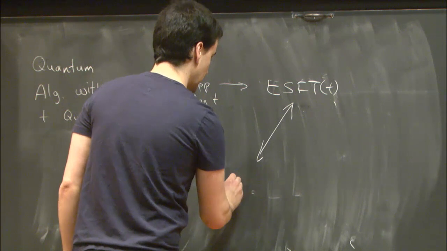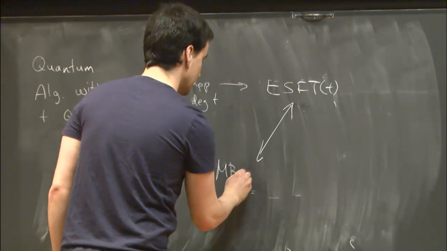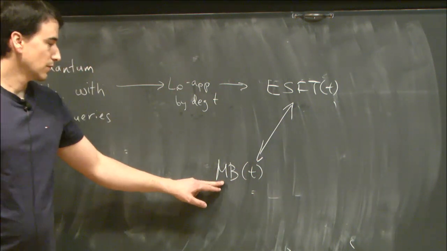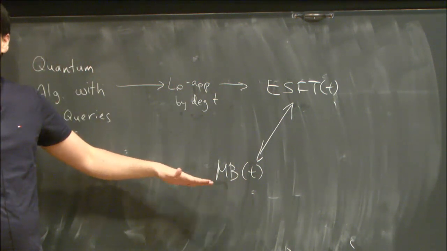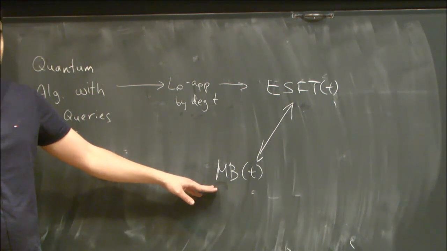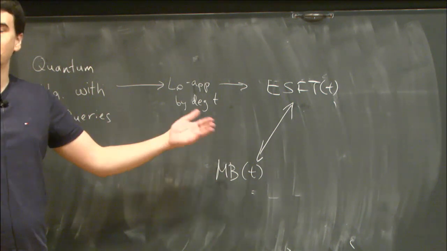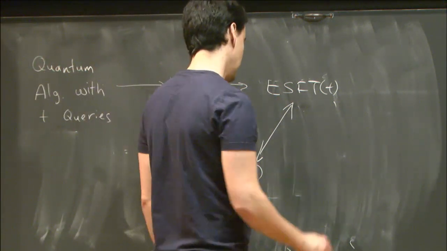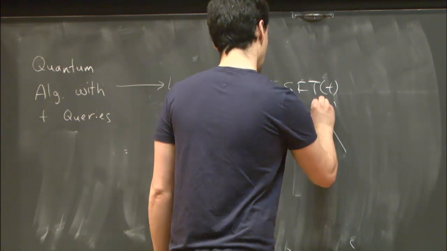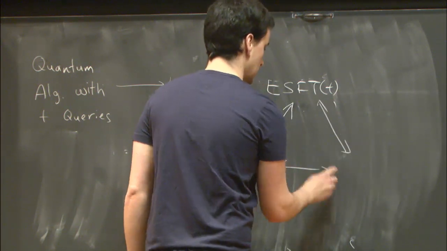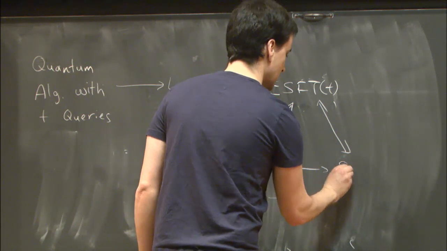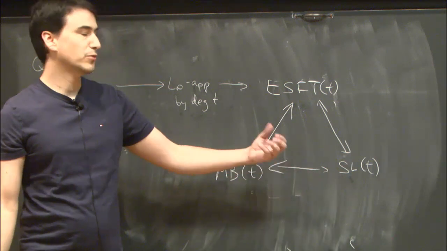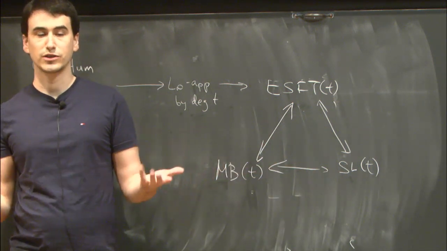I will show that this is equivalent to what I call moment bounds with parameter t. If you recall, the influence was the first moment of the size of the set, and I will talk about higher moments of the size of the set. So this will be equivalent to this. I will define it in a bit. And all these will be equivalent to some kind of switching lemma with parameter t, which will tell me how the Boolean function behaves with respect to random restrictions.